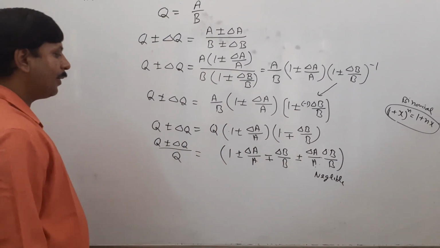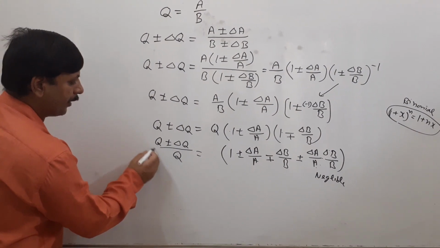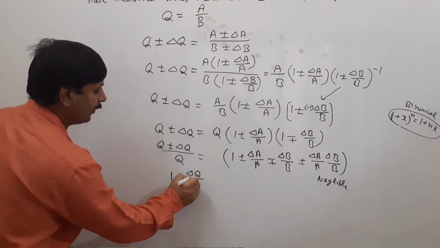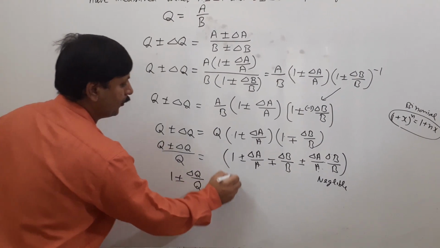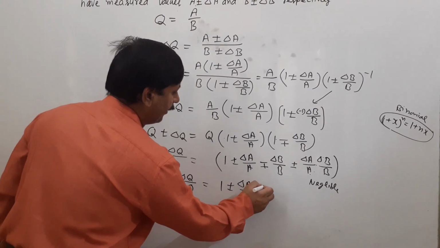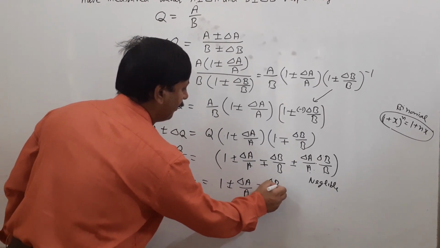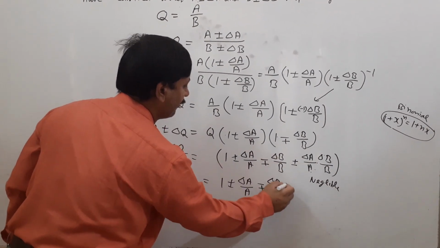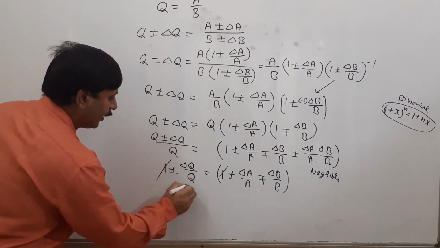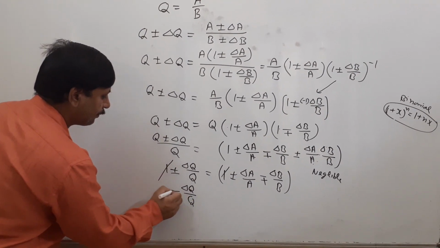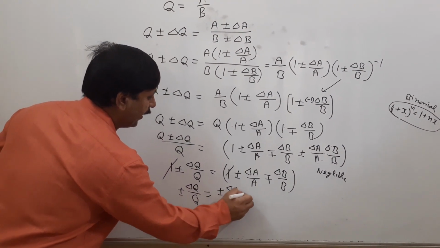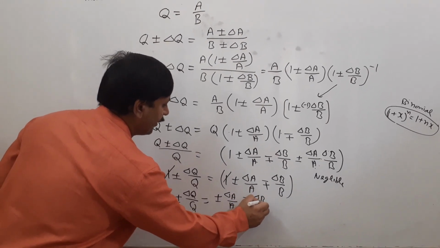Then 1 plus minus del Q upon Q is equal to 1 plus minus del A upon A minus plus del B upon B. The small quantity is negligible compared to 1 and cancels out.